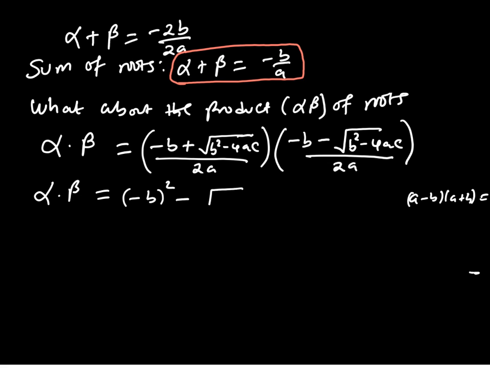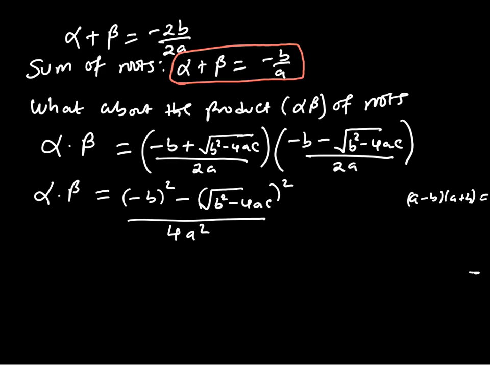plus the square root of b squared minus 4ac, this is squared, all over 4a squared. That is what we call a product, or a difference of two squares.